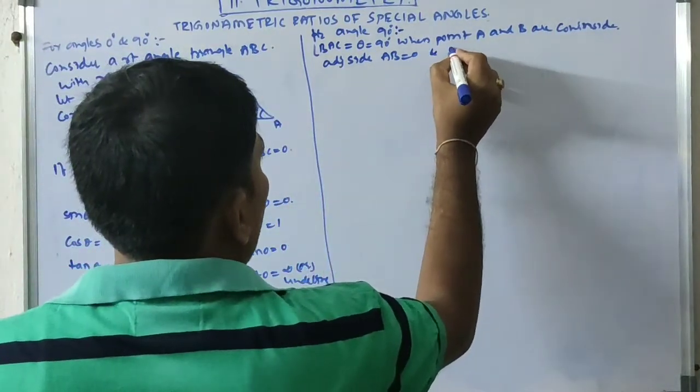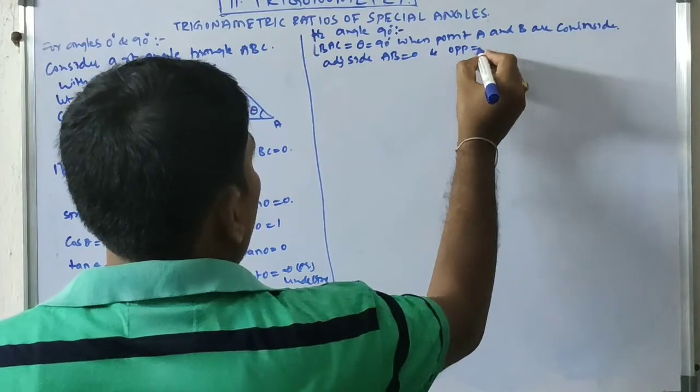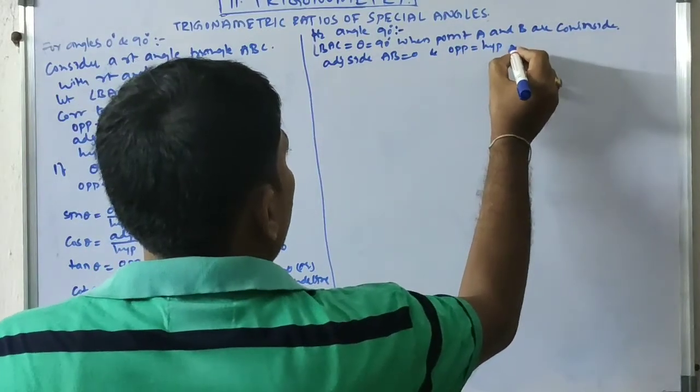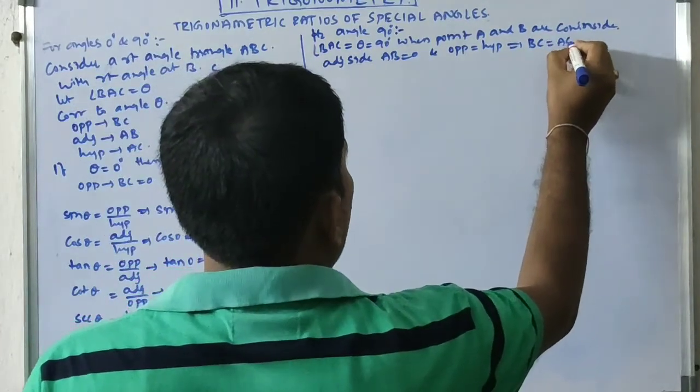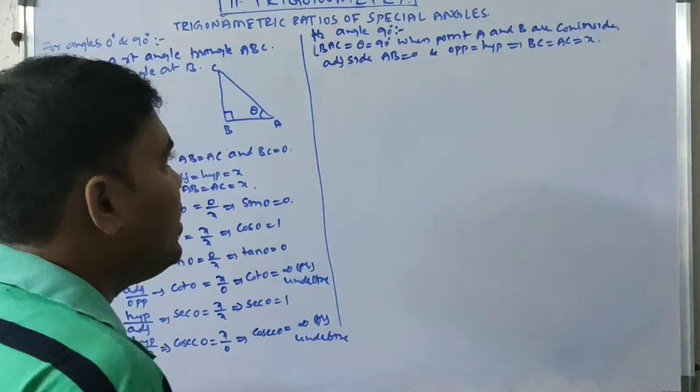And the opposite side is equal to the hypotenuse, that is BC equal to AC. Let us consider this equal to x.